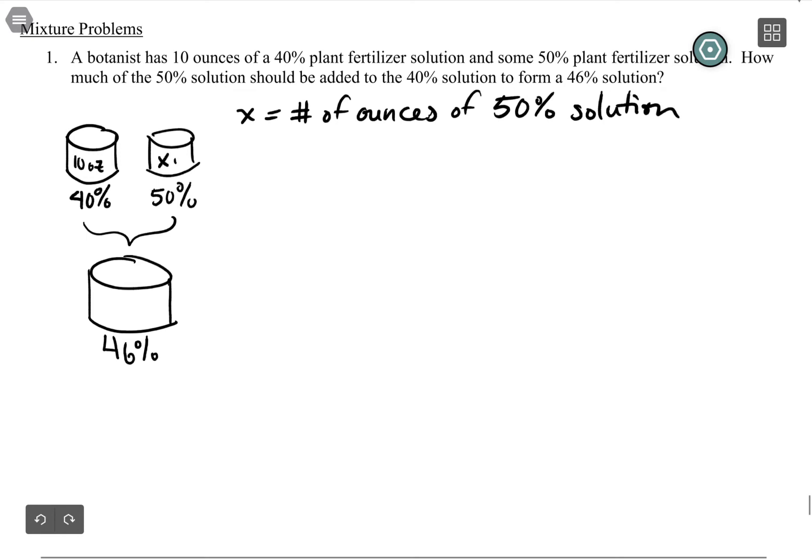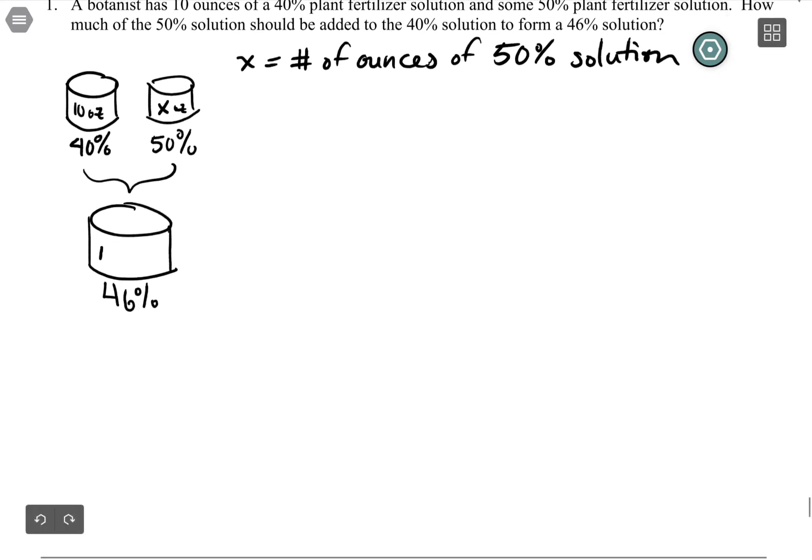So we can label this one with x ounces. Okay, so one thing I can see is if we have 10 ounces of 40% and we add x ounces of 50%, we're going to end up with a grand total of 10 plus x ounces of the 46% solution.